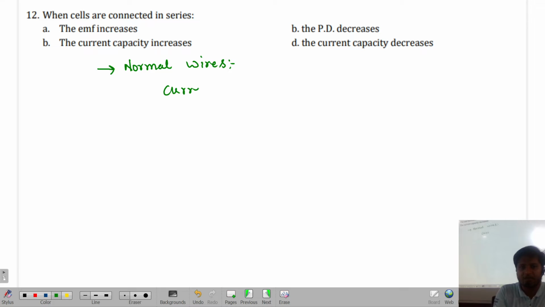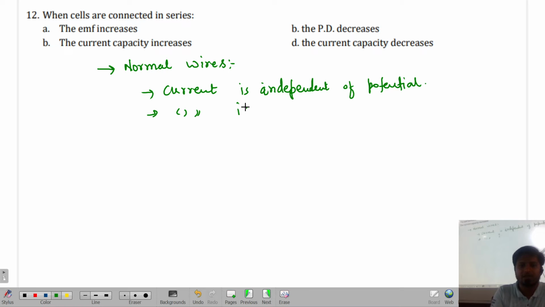Current is independent of potential. Current depends upon number of charges. Current is dependent upon number of conductors or not? Tell me yes or no, guys.